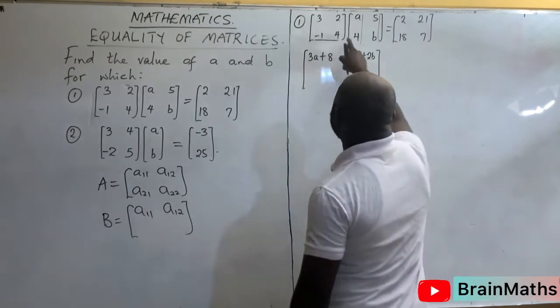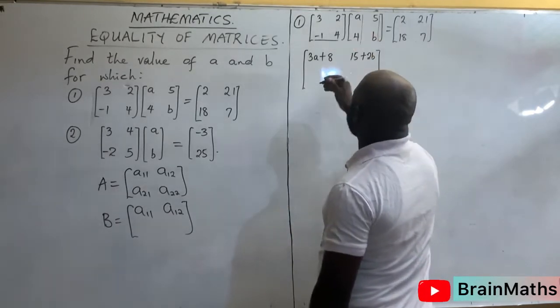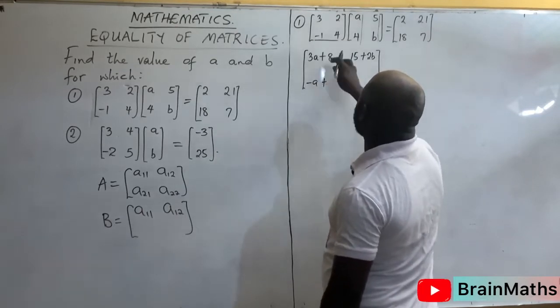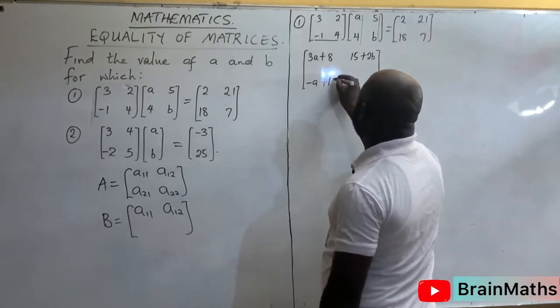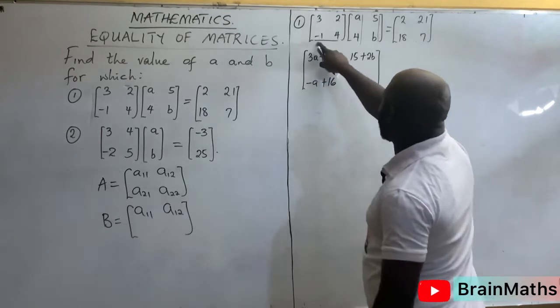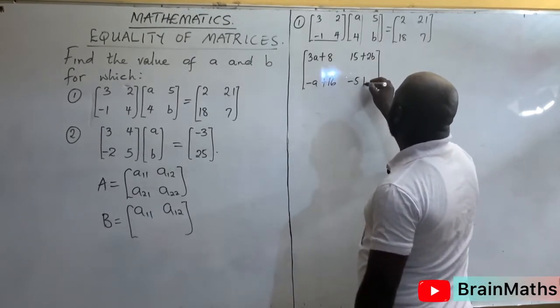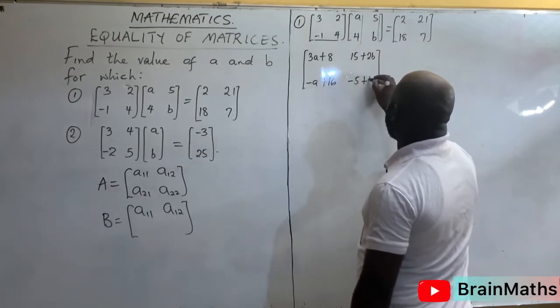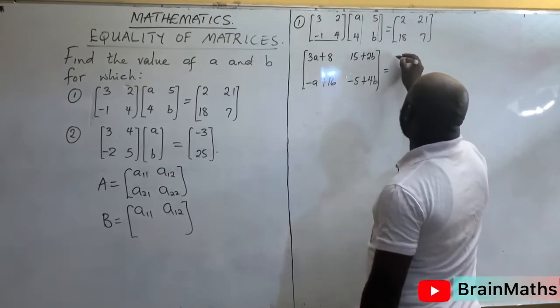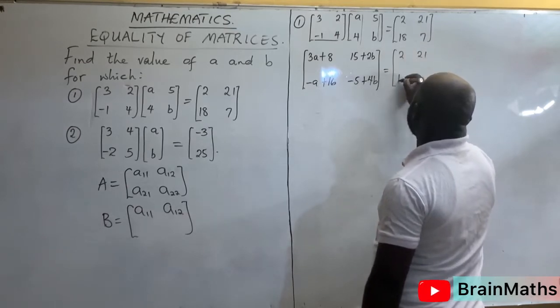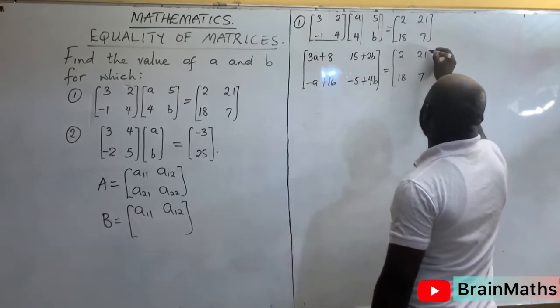We have minus 1 times A, that is minus A, plus 4 times 4, that is 16. Also, minus 1 times 5, that is minus 5, plus 4 times B, that is 4B, which is equal to 2, 21, 18, and 7.